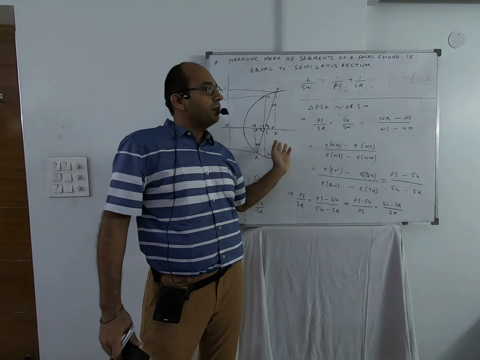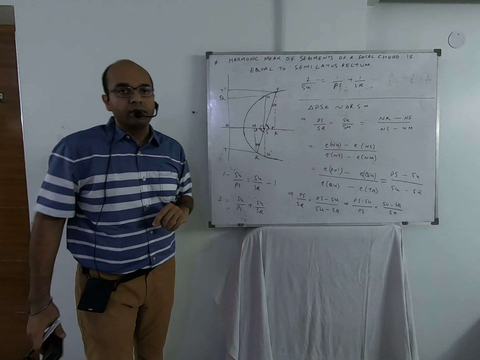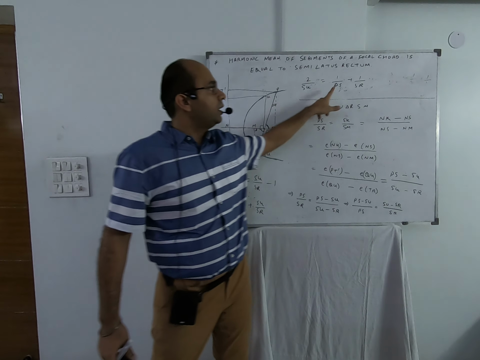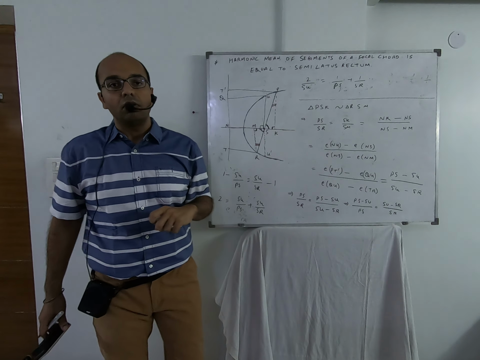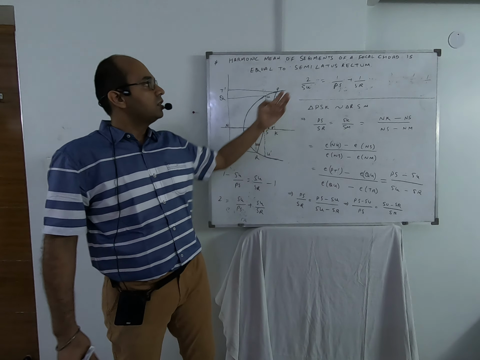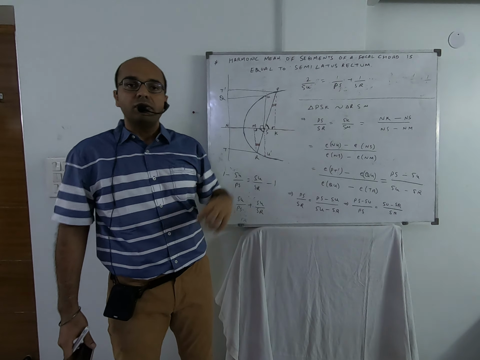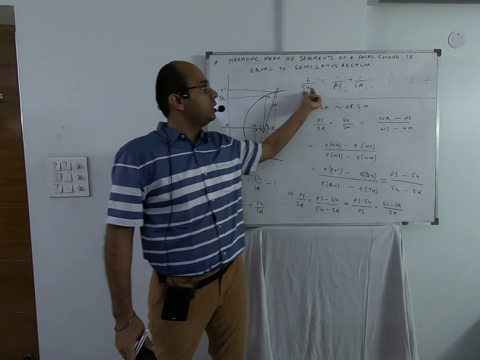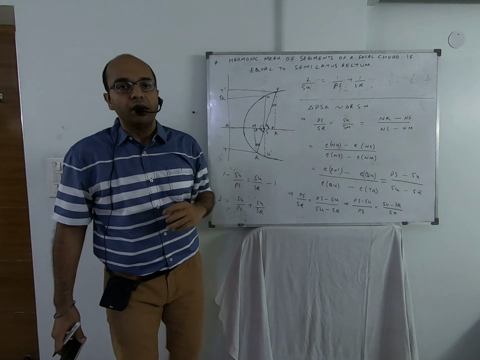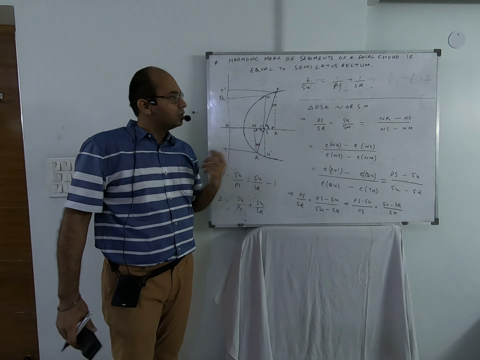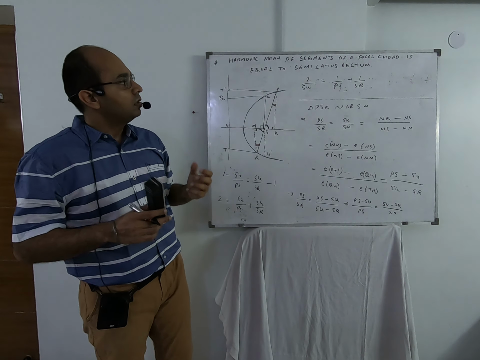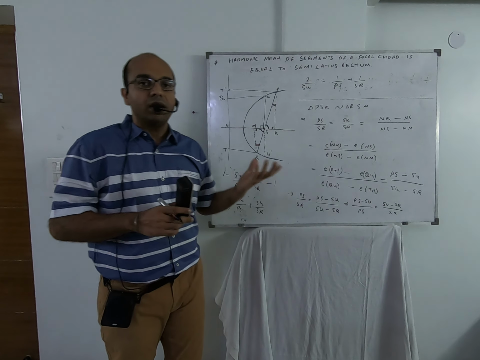The application of this property can be in questions where you are given the lengths of two segments of a focal chord and you are asked the latus rectum. So if the two segments are given, say 3 and 4, you can easily calculate the length of the latus rectum from this formula. So this is one property that I have discussed.